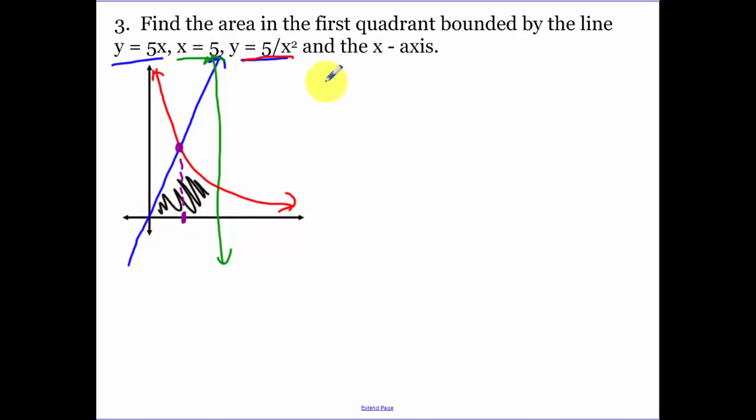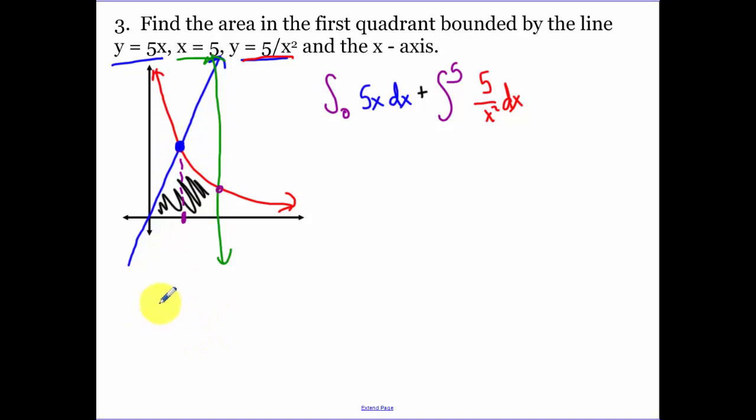To the left of that, from 0 to whatever that value is, all you're finding is the area under the curve of 5x. Then we're going to add to that the integral from that value to this intersection point. We know that's a 5 because I have the line x equals 5, of now just our 5 over x squared function.